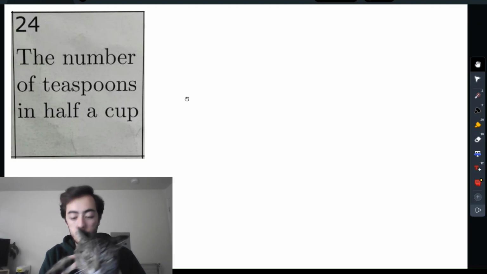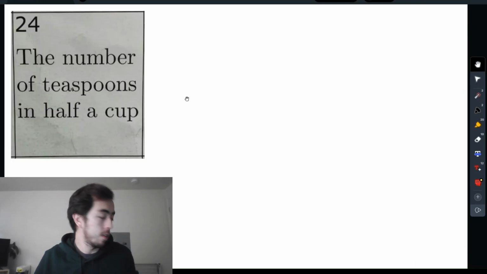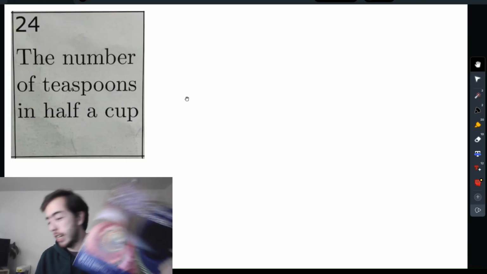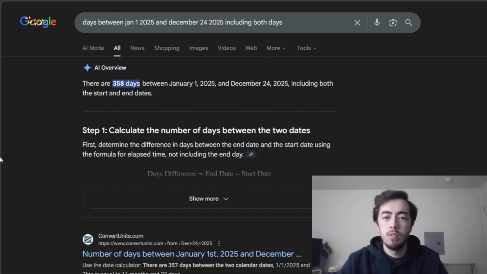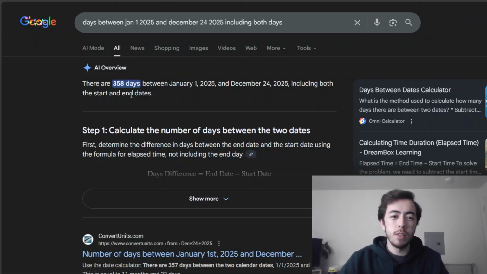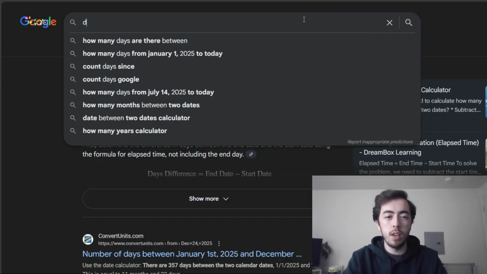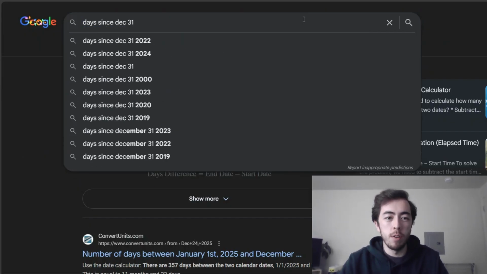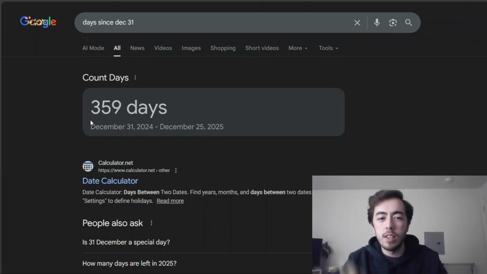Today is December 24th, and we are solving problem 359 from the Daily Epsilon calendar. Hold up, it's actually the 358th day of the year. Normally, I would just redo the intro, but what's kind of interesting is that this whole year I've been typing in days since December 31, and this is giving me the wrong number now.